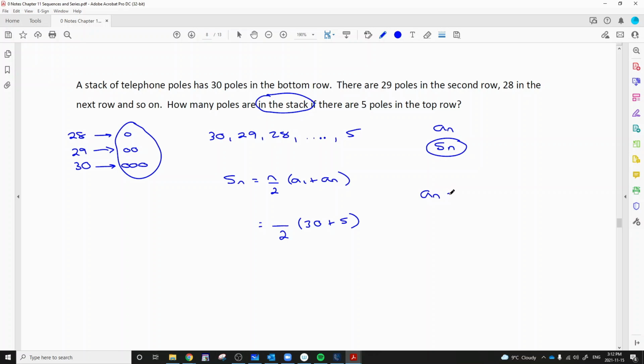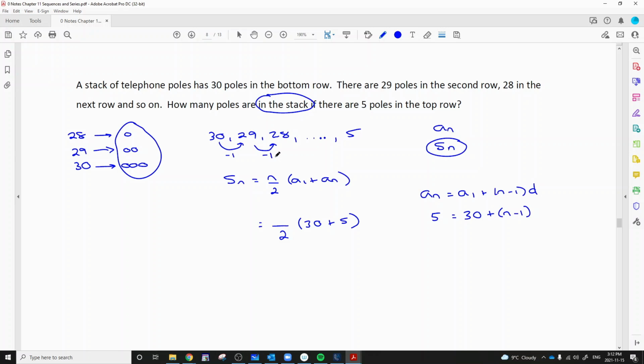So what if we use this equation? Any term can be found by taking the first term and adding the common difference a certain number of times. If we know that 5 poles are in the last row, and it starts with 30, then we could figure out how many terms there are if we know the common difference. To get from the first term to the second term, we subtract 1.